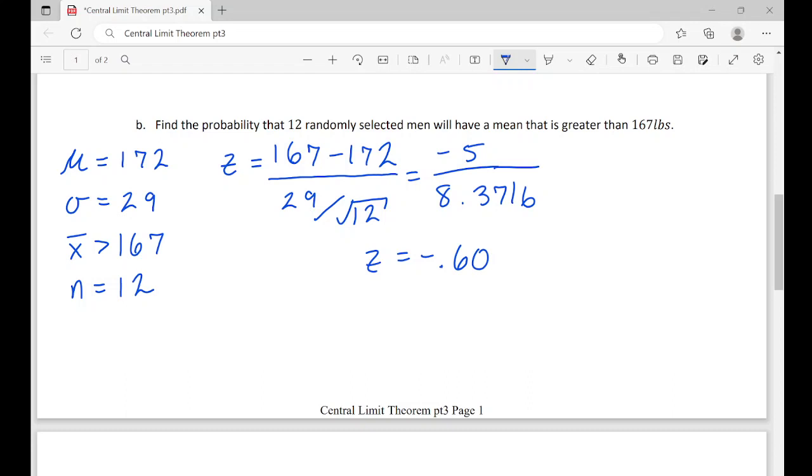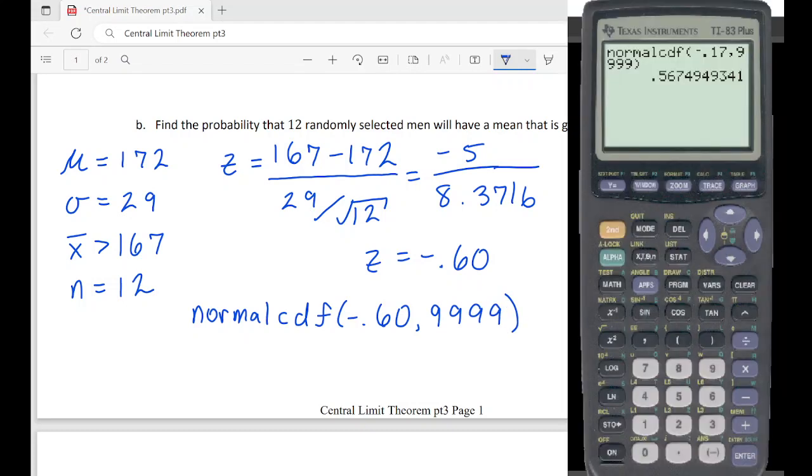So there's our z-score, and again, we need it to be greater than 167, so it needs to be greater than negative 0.60. So everything from negative 0.60 going to the right. So again, normal CDF, lower bound of negative 0.60, and an upper bound of 9999. And again, we're just going to let our calculator do the work for us, so bring it on up.